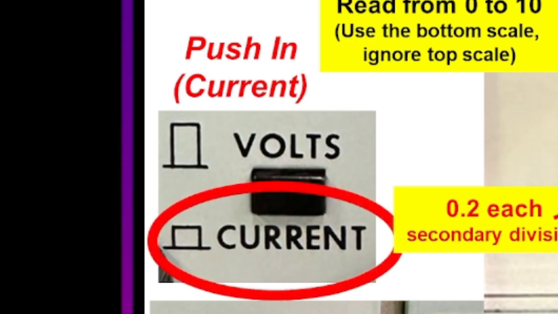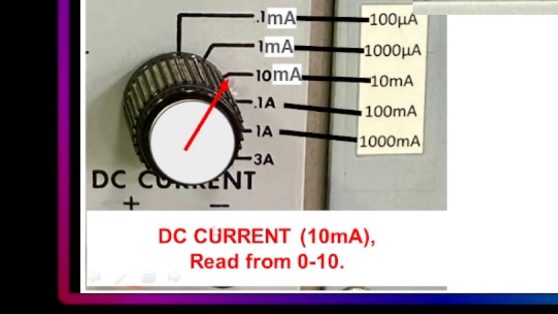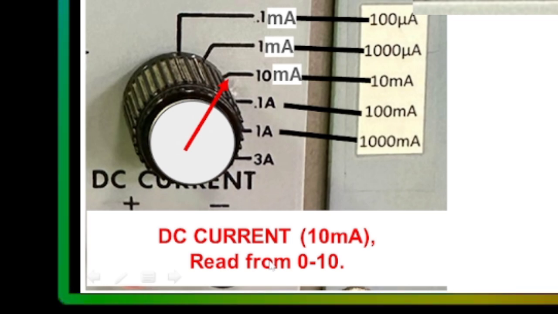And remember to push in this button so that you may use the ammeter, because if you don't push this button, it will still be in the voltmeter function. And you have to consider that the DC current limit is 10 milliamperes, and we have to read from the bottom, 0 to 10. Now let's start.